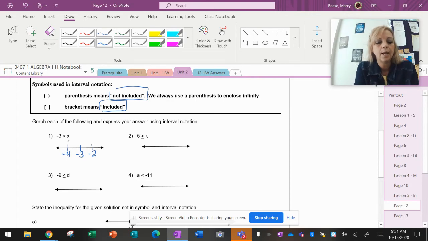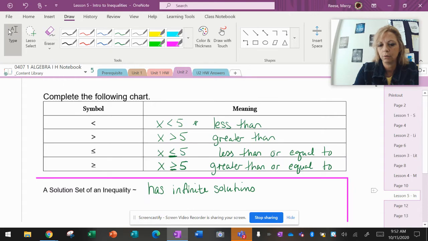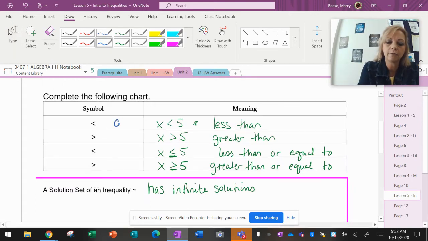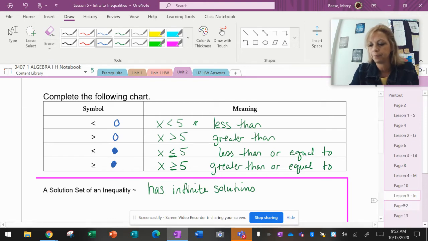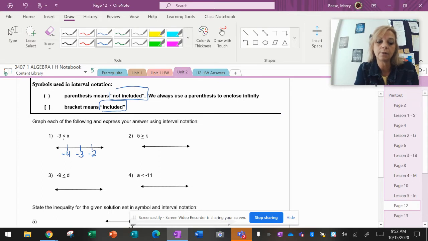Okay. Now, if you remember, let me go back to that other page. When we graph on a number line, these are open circles, and these are closed. Closed means I include them, right? So in this one, it says -3 is less than x.